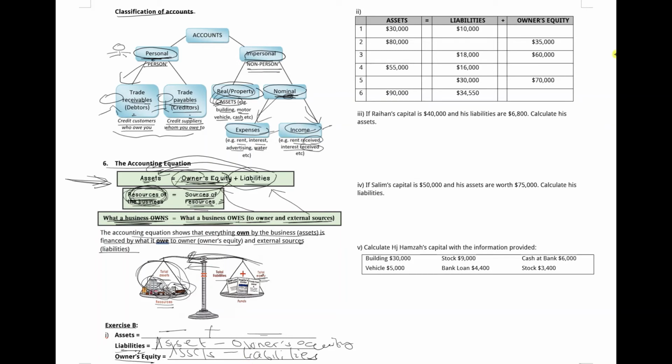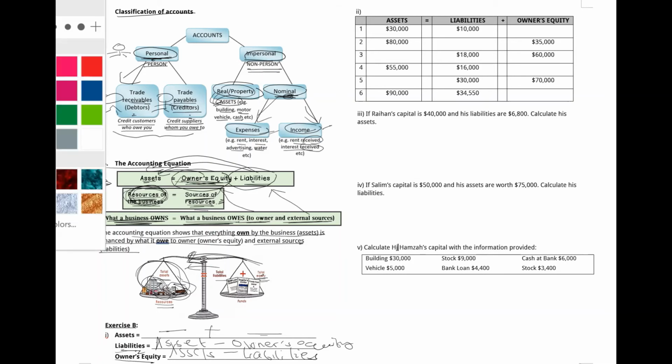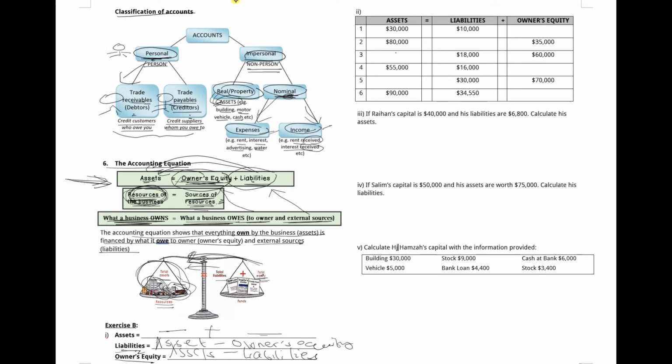Now next, this one I'd like you to have a try. I'd like you to have a try at the exercise by yourself. Assets, this is the accounting equation. Assets equal to liability plus owner equity, or owner equity plus liability, is the same.